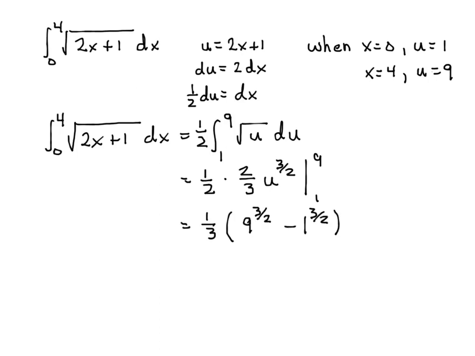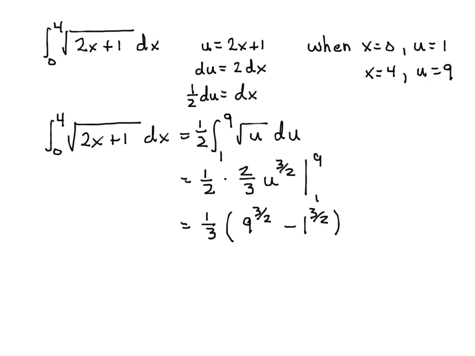So I'm going to keep the coefficient of 1/2 times 2/3, multiply that, keep it as 1/3, put it in parentheses, and then substituting in here I get 9 to the 3/2 minus 1 to the 3/2, and that was my integration limits. Now 9 to the 3/2, don't reach for your calculator. Recognize that when you have a fractional exponent, the denominator is a root.